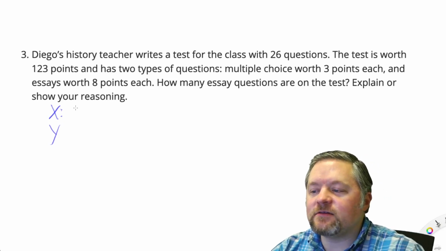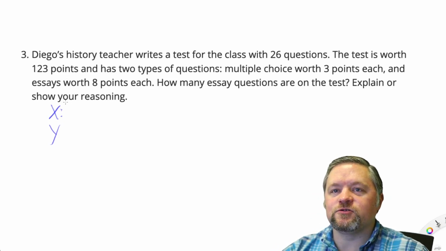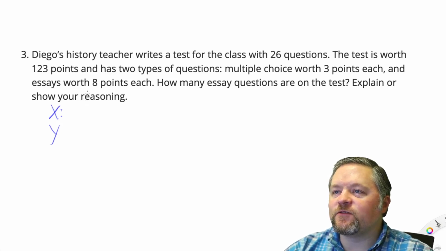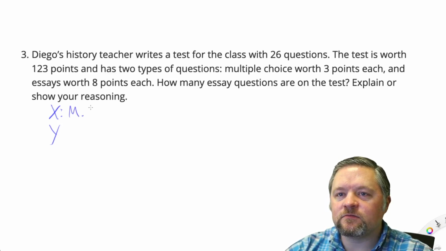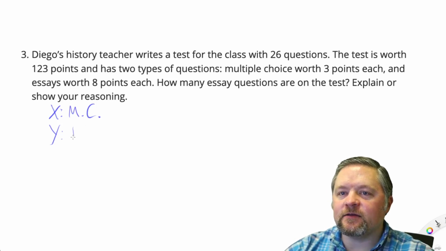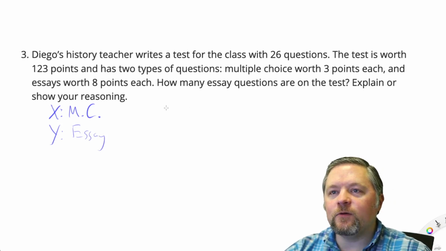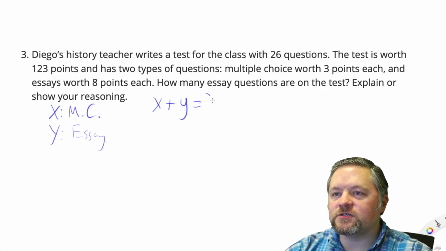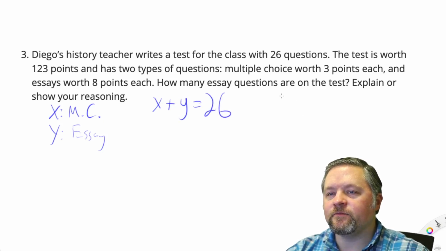So let's define what those represent. X represents multiple choice, and Y can be essay. Now we know the number of multiple choice questions plus the number of essay questions is 26.